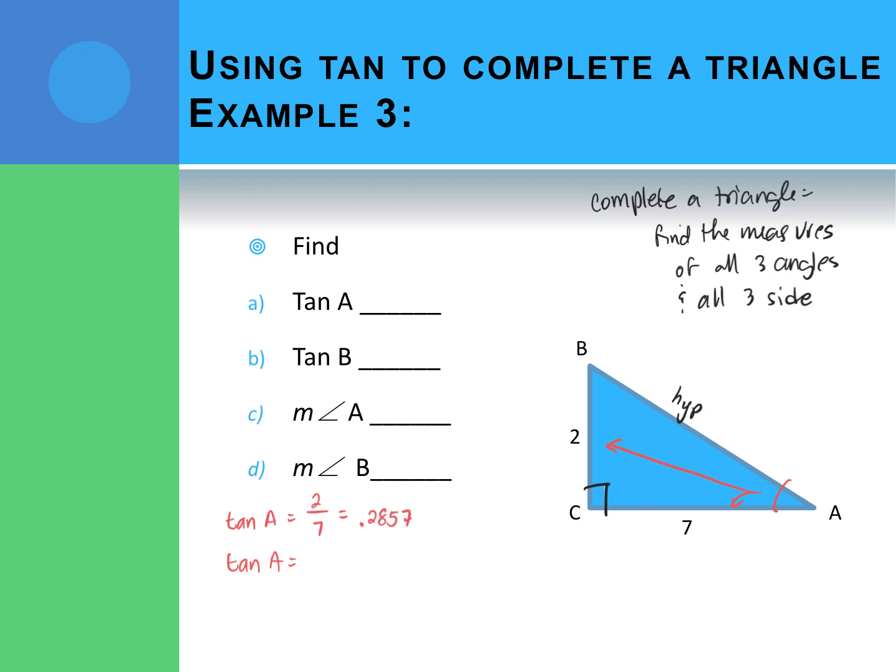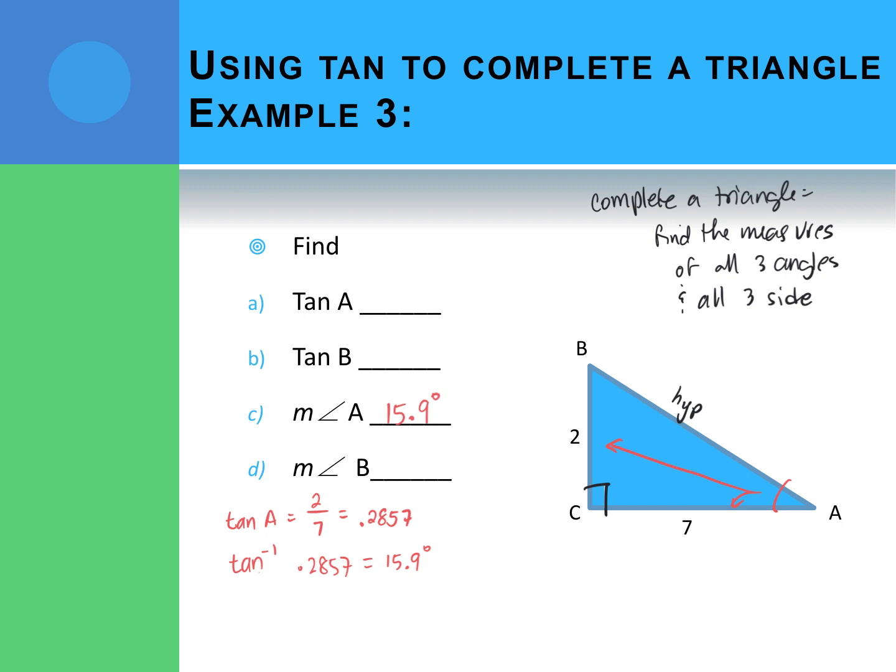And if I have that, I'm going to use the inverse tangent function to find the degree measure that goes with it. And I see that that equals 15.9 degrees. So A is 15.9 degrees.